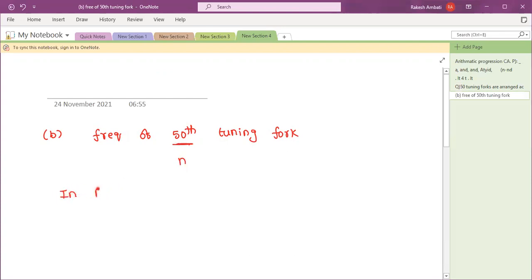We know the formula already in AP: the nth term is a plus n minus 1 into d. Here a means the first term in AP, that is the frequency of the first tuning fork, plus n minus 1 into d.